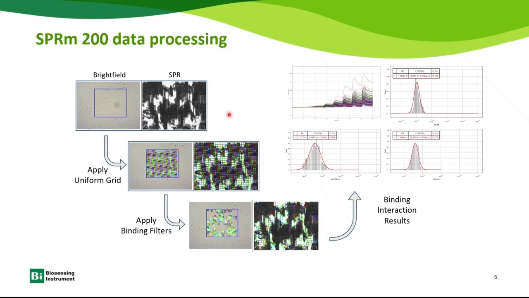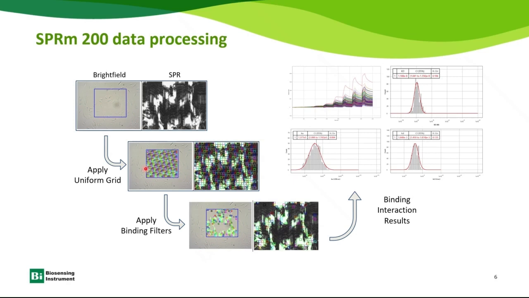After the experiment is done, the data will be saved in a series of images, including the bright field and the SPR images. Then we divide the whole area into a number of small regions we call regions of interest. Usually it will be around 600 up to several thousand, depending on the time you want to spend on the computation.